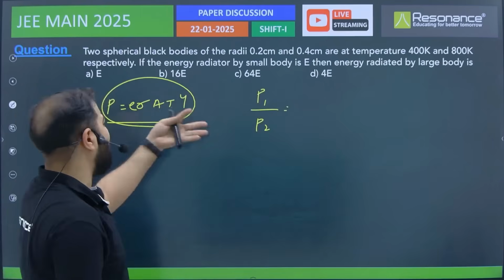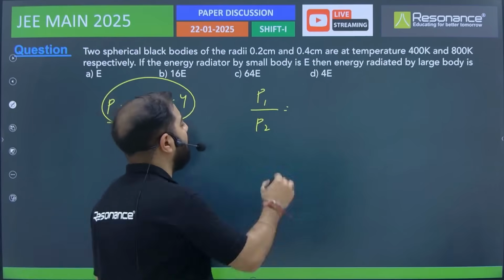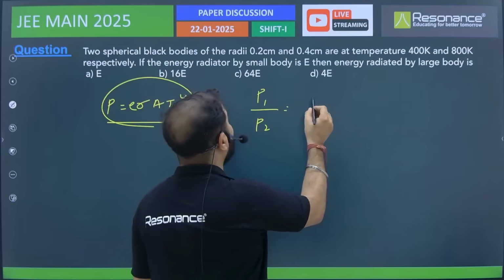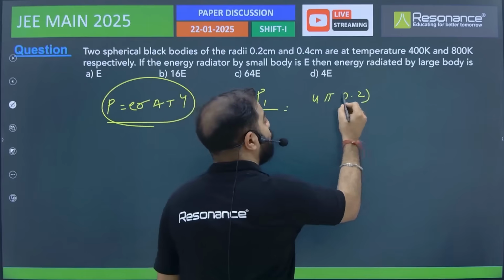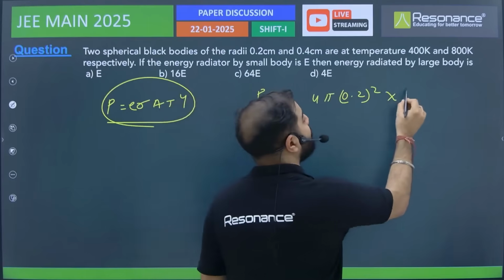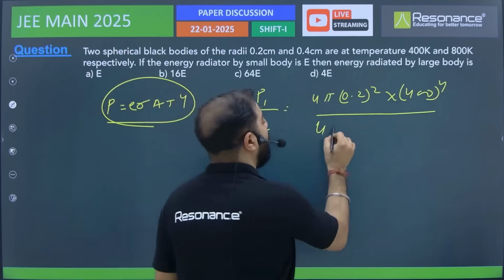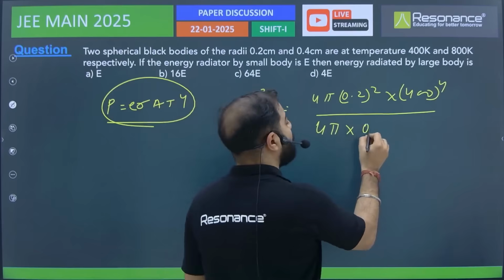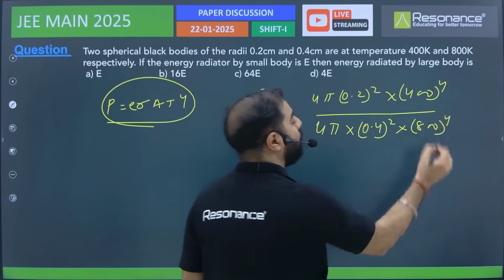E and sigma are not effective for now, so energy radiated will be proportional to area. Area is 4 pi r square, so 4 pi 0.2 square, temperature 400 to the power 4, by 4 pi into 0.4 square, and 800 to the power 4.